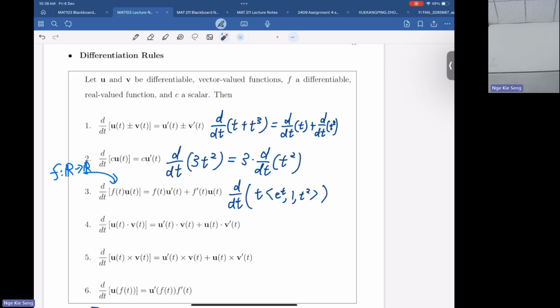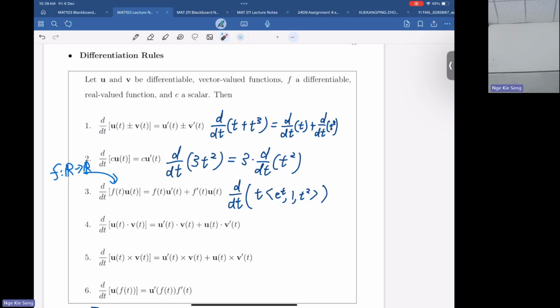You will get a scalar valued function, you will produce a number. But if you take the cross product between two vectors, you produce another vector function. So you can see that in both cases the product rule still works, with respect to cross product and dot product. Obviously, you need to prove that, but we won't spend time on this.